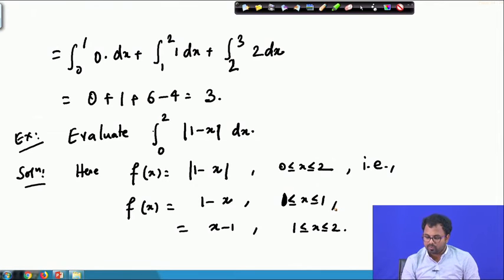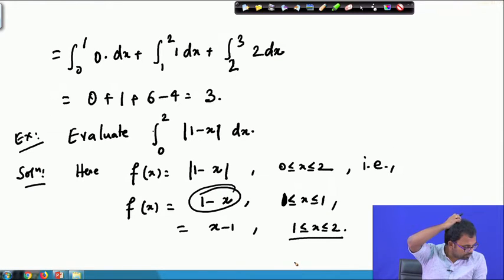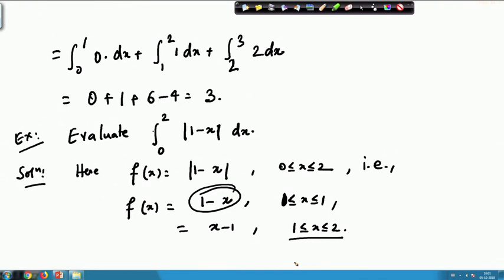So let us see if the function is continuous or not. Here the function f is definitely continuous between 0 to 1, the first part, and the second part x minus 1 is also continuous between 1 to 2. The thing which we have to make sure here is whether a function is continuous or monotone or something, and then we can talk about its Riemann integrability.